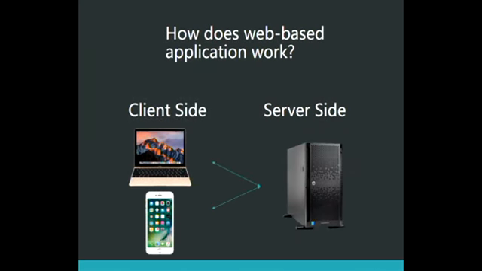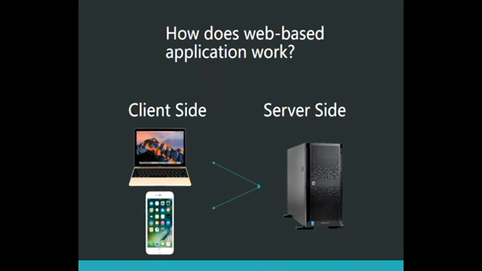Okay, so how does a web-based application work? You're going to have a client side and a server side. Client side is the device you're going to use, right? Your laptop, tablet, your phone. And that displays the content of the application. And then it makes requests to the server to retrieve data or send data.